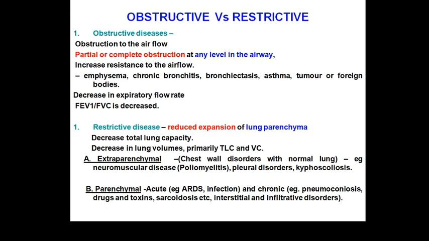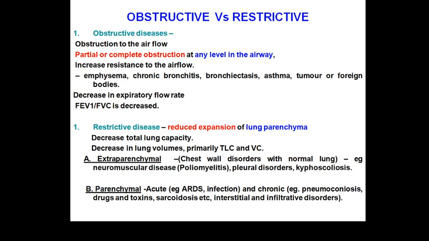whereas in restrictive diseases there is decreased total lung capacity and decreased vital capacity. Whereas the maximum airflow rate during expiration is either normal or reduced proportionately in restrictive diseases.